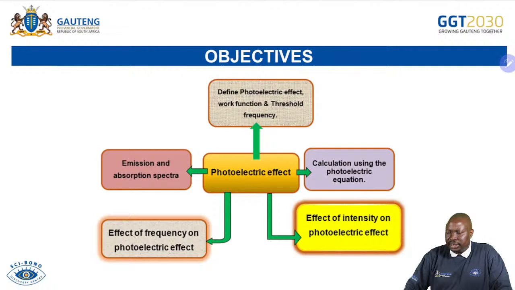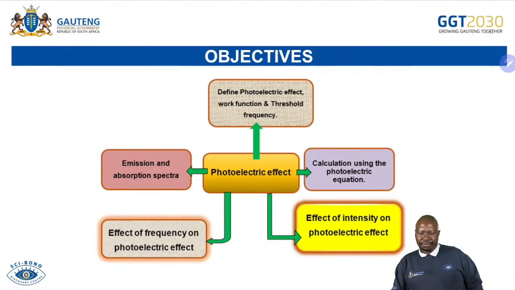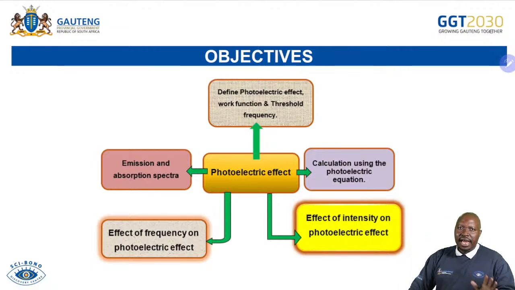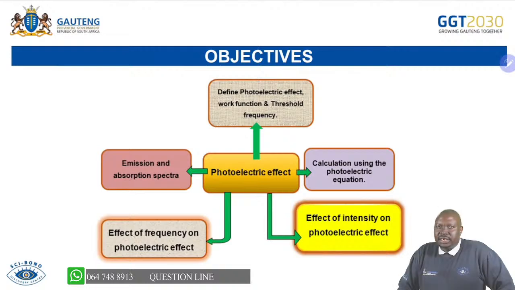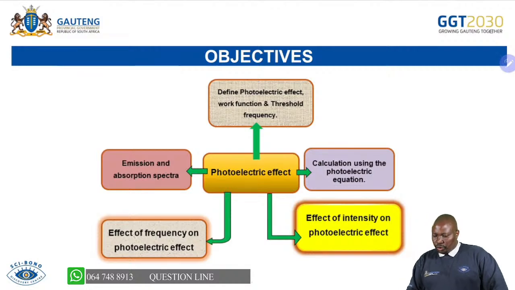I would like to start the lesson by looking at the objectives, meaning that at the end of this lesson, this is what you must know. So for us to say we've reached what we wanted to reach, you must be able to define photoelectric effect. You must be able to define work function. You must be able to define threshold frequency.